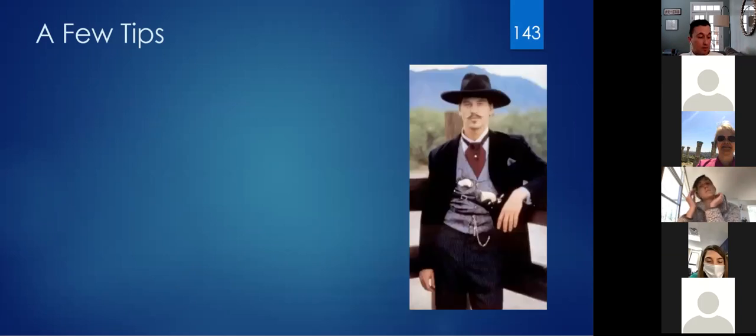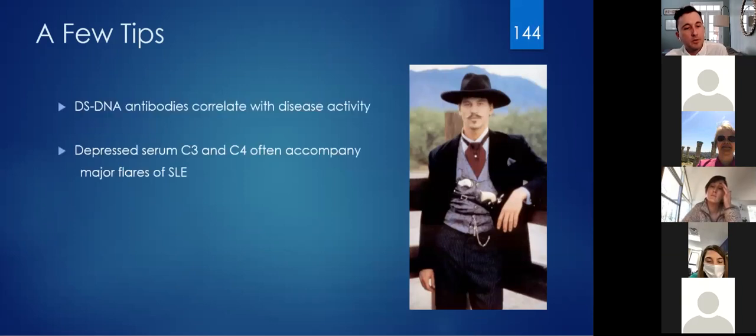Now, one thing that may help will be brought to us by Doc Holliday, who's actually a dentist, but he's pretty familiar with lupus here. And he wanted to remind you guys that unlike ANA, double-stranded DNA antibodies do correlate with disease activity. And your complement, specifically C3 and C4, often get depressed in flares.